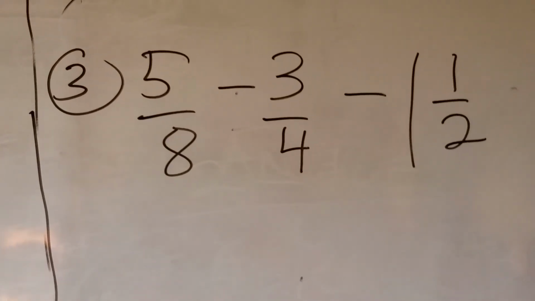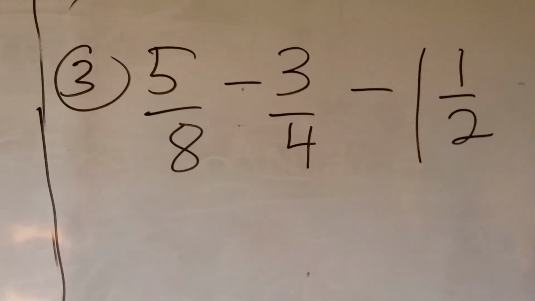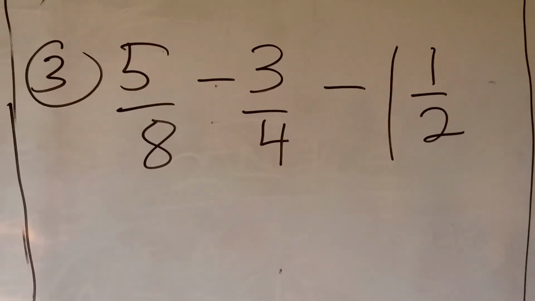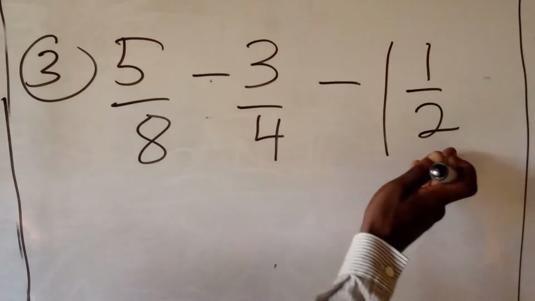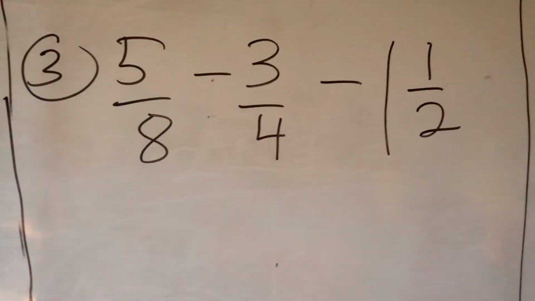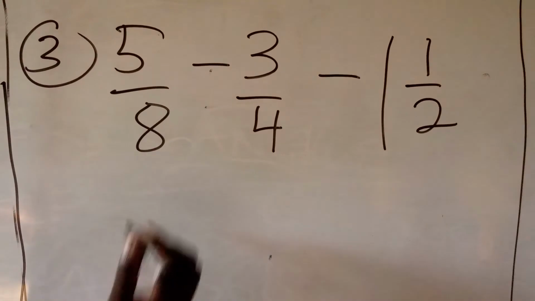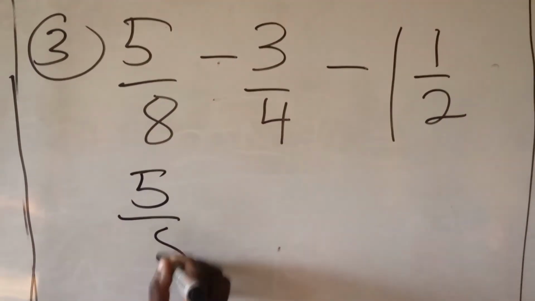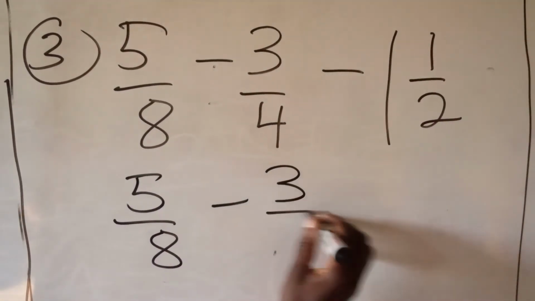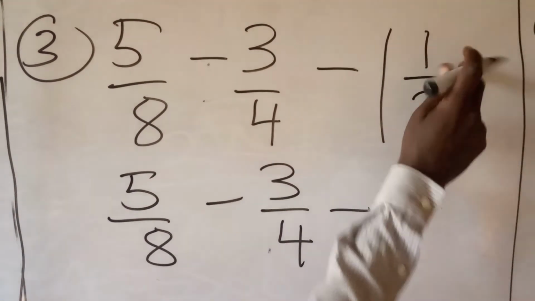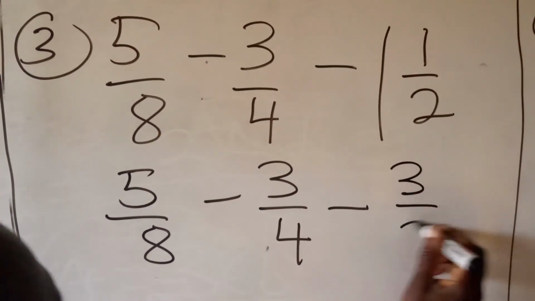I have now given you 2 proper fractions and 1 mixed fraction. And as we always know, you change this one to improper fraction before you start solving. So 5 over 8 minus 3 over 4 minus 2 times 1 is 2 plus 1, 3 over 2.